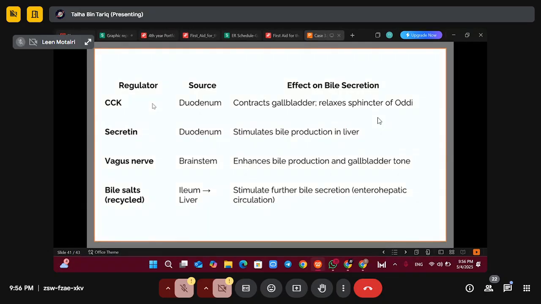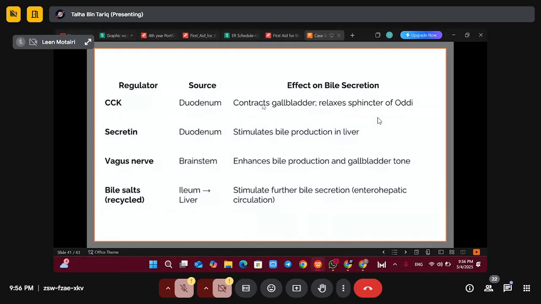If you talk about cholecystokinin, the source is the duodenum. What is it doing? Cholecystokinin is contracting the gallbladder. How is it contracting the gallbladder? You guys remember I told you there was the muscular layer within the gallbladder.